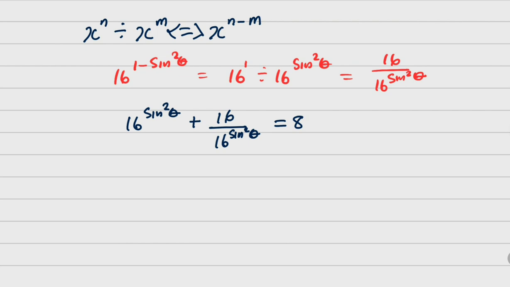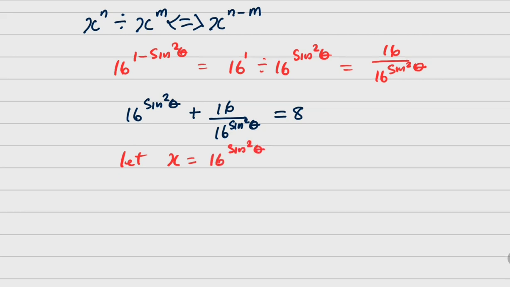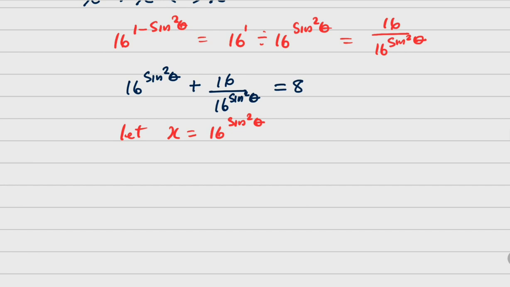Okay, so just to make sure that it is not ambiguous, I will let x be equal to 16 raised to power sine square theta. If I say so, then I'm going to have x plus 16 all over x is equal to 8.